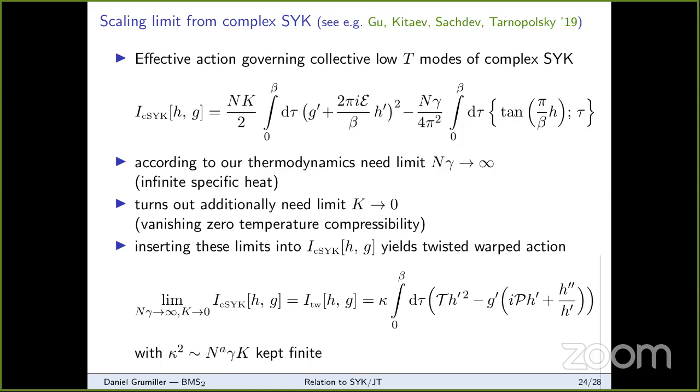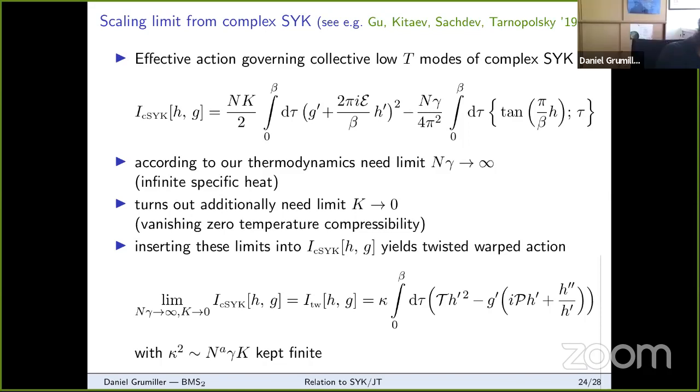You can look at the paper, but just looking at it quickly, I don't actually see a bulk action. But the guess is it should be just charged Jackiw-Teitelboim, so Jackiw-Teitelboim with a U1 charge. The way that you naturally would get a U1 level is if you have additional gauge symmetries, namely U1 gauge symmetries that become asymptotic symmetries, and that gives you a U1 level.